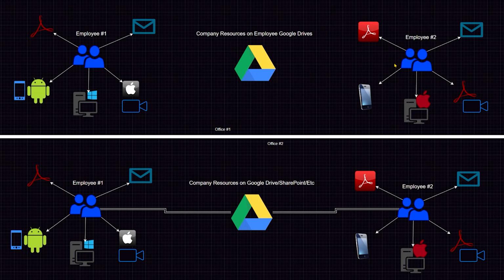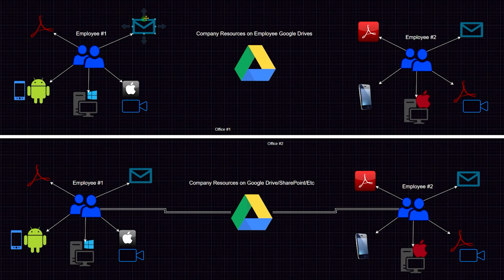And what this can look like, for example, is let's say we have a manager, a lead, whoever it may be. Employee number one has a task of editing some video, sending that off to employee number two for that video to be reviewed and approved before it's then sent off to management. So what can happen here is employee number one can use their machine at the office or the local machine, laptop, whatever it may be, and then they'll have to check their email to get the content.